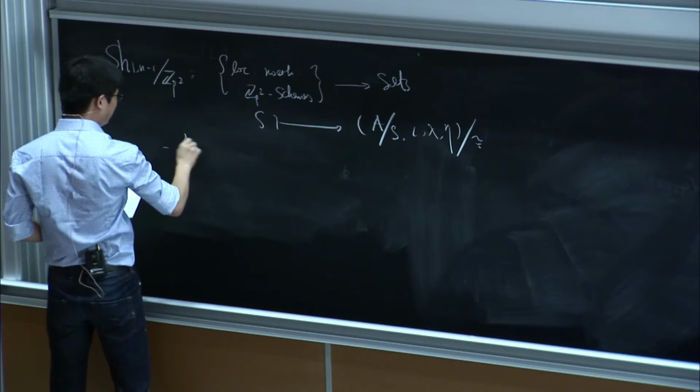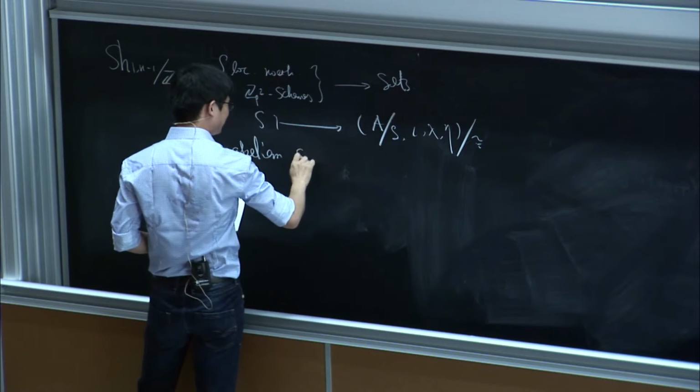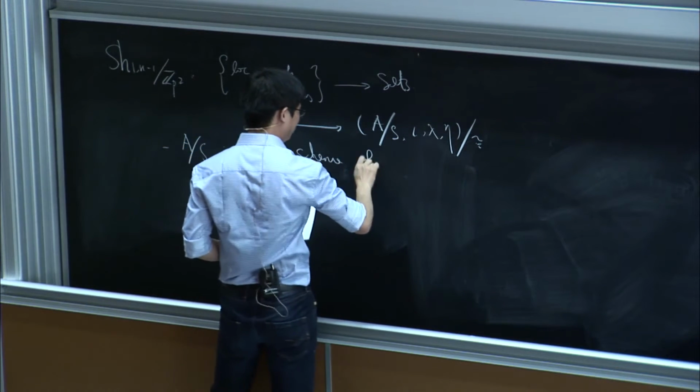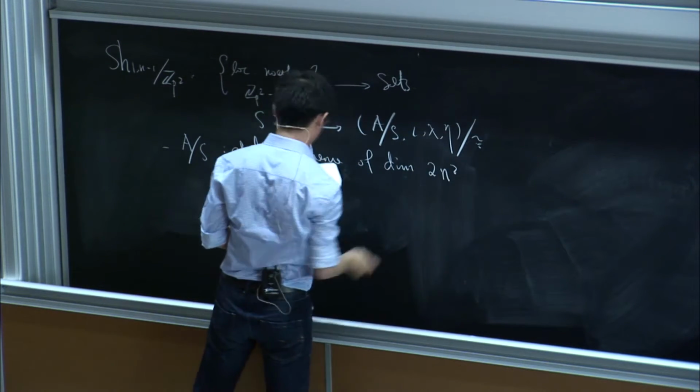So here, A over S is an abelian scheme of dimension 2 times n squared.